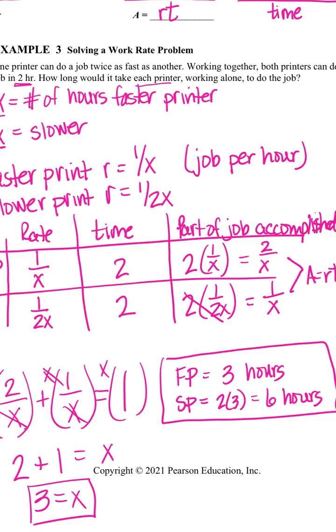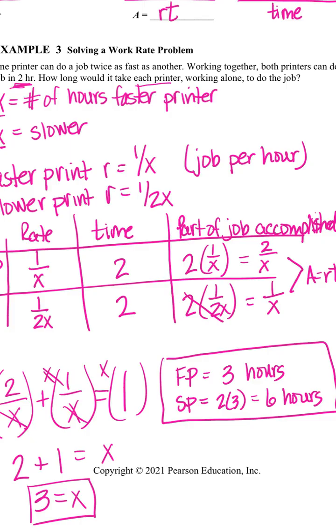To check the reasonableness, the time working together is 2 hours, which is less than the time it would take the faster printer working alone, which makes sense. It only takes 2 hours for them to do it together, but it takes 3 hours for the faster printer by itself, and 6 hours for the slower printer by itself. So check the reasonableness of your answer.